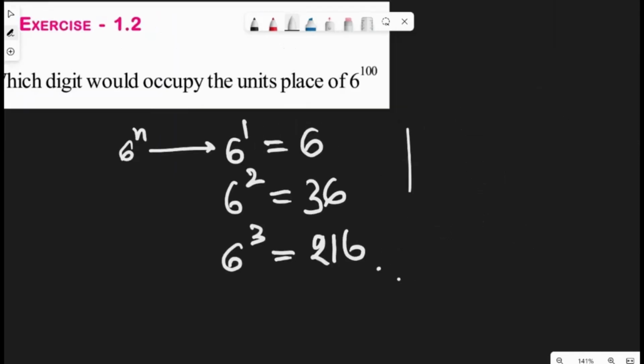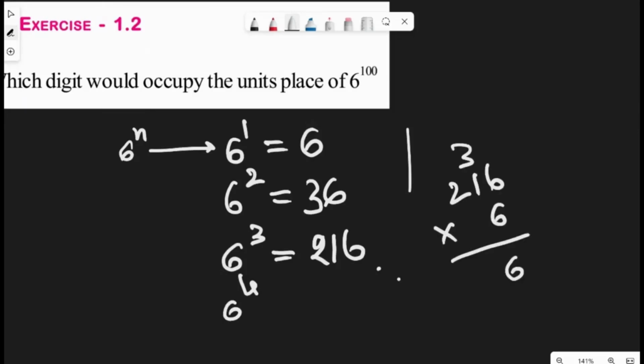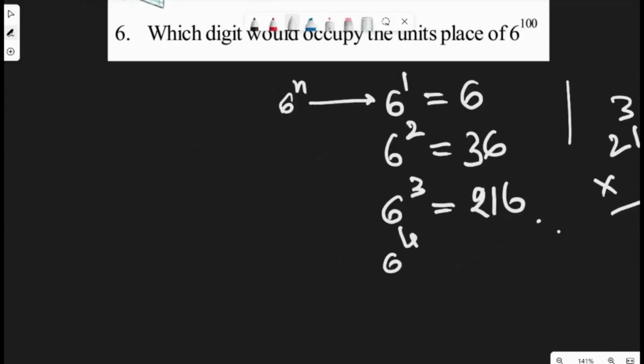If we check even 6 power 4, which is 216 into 6, we can see that it always ends with the digit 6. So for any n in 6 power n, the units place will always be 6. So that is the answer. Which digit would occupy the units place of 6 power 100? The answer is 6.